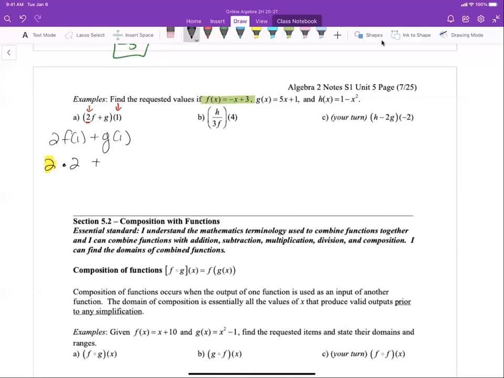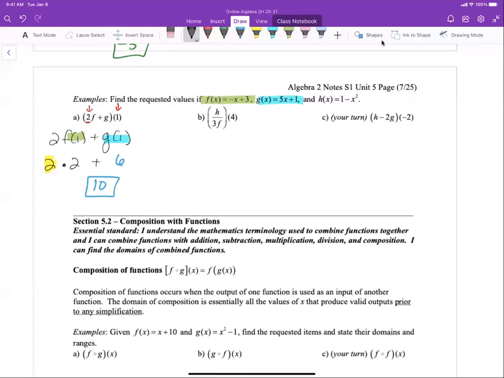Plus, and then I take 1 and I plug it into g of x. So if I plug 1 in for x, I get 5 times 1 is 5, plus 1 is 6. So 2 times 2 is 4, plus 6 is a positive 10.